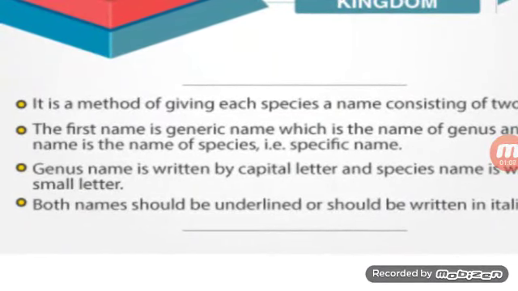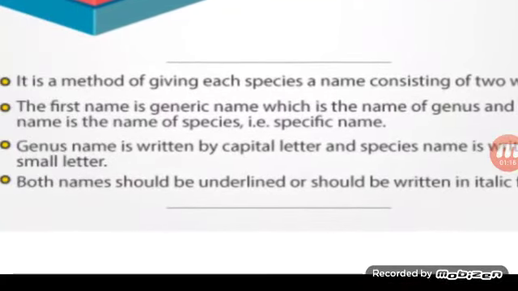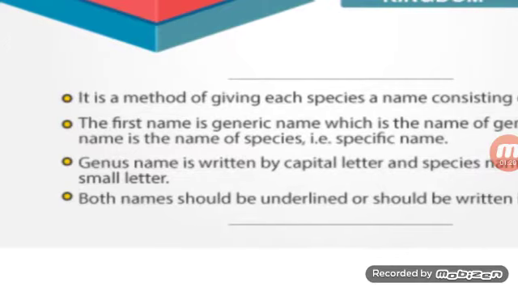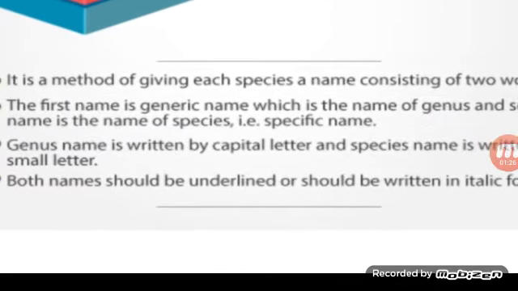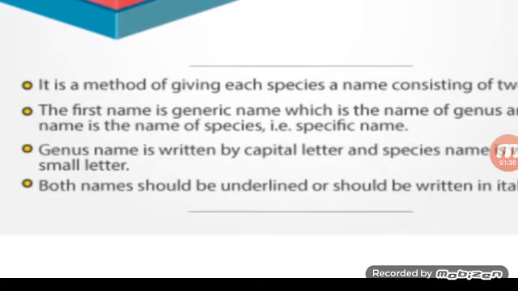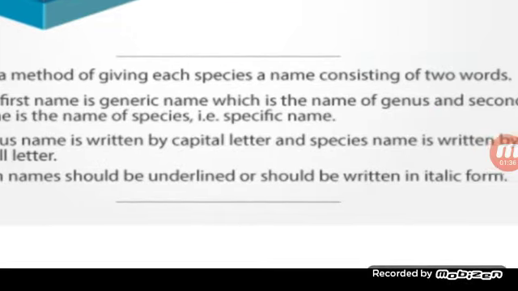The first name is the generic name, which is the name of the genus, and the second name is the name of the species, the specific name. Genus is written with a capital letter and the species name with a small letter. Both names should be underlined or written in italics.